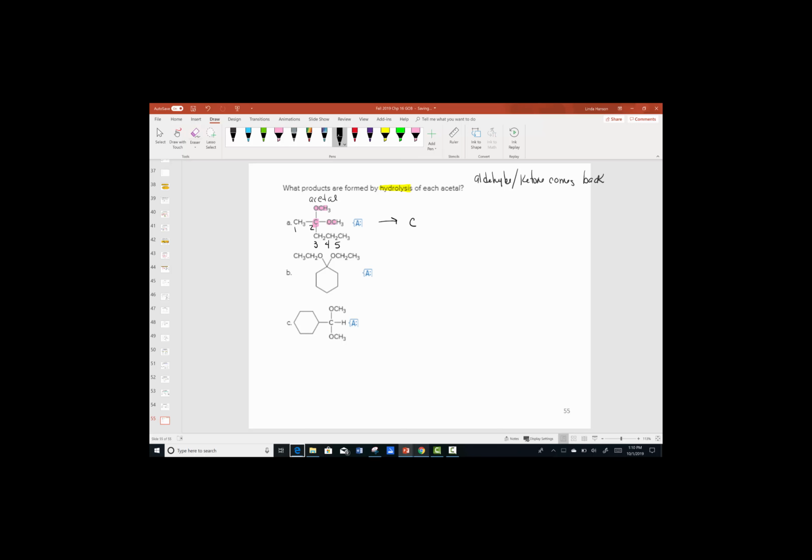I notice that this is a 5 carbon chain, and on carbon number 2 is the carbon attached to the two OR groups, so it will be restored to the carbonyl carbon, and we would have 2 equivalents of CH3OH alcohol, that the alcohol is coming from the CH3OH.